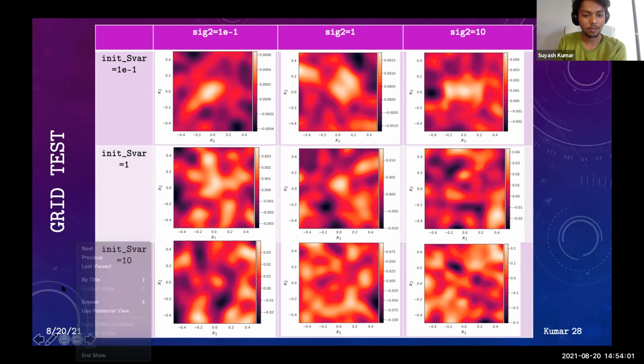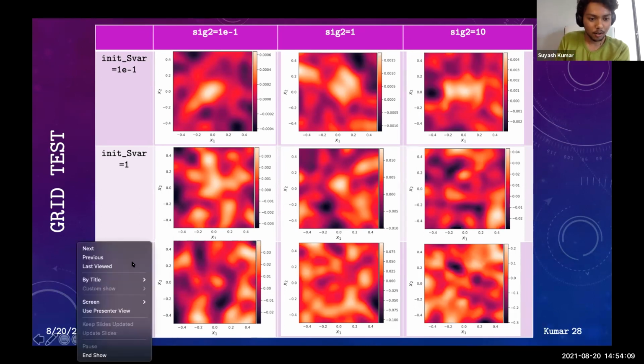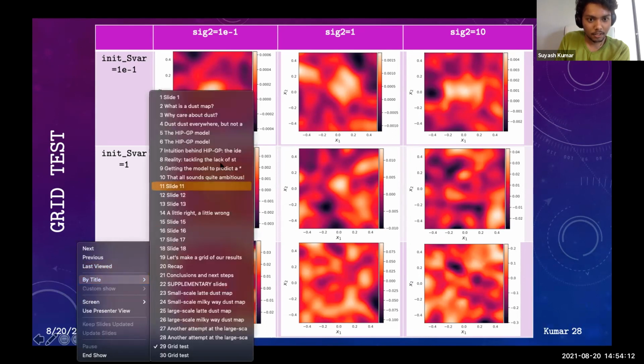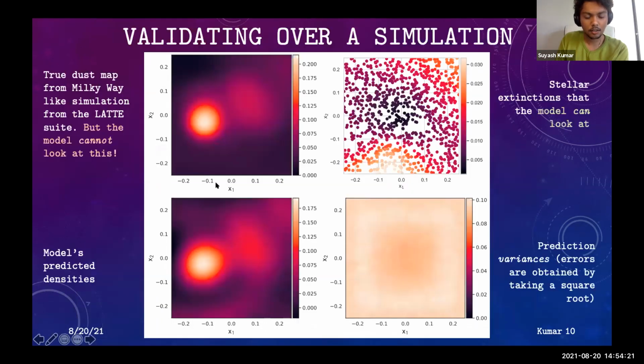I am actually not super familiar with the exact memory quantities, but I can answer that question based on time. Some of the best trained maps that we saw, for example the small scale dust map right here, trained for something like 20 hours. If you want a reasonable estimate, it can take anywhere between half an hour to 1 hour to train over your training data set for one epoch.